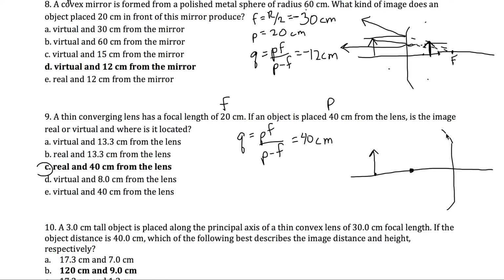Oh, sorry, this is a lens, so I drew a mirror, but I should be drawing a lens here. It's a converging lens, which means I'm not going to have enough room here. I drew it too big. So let's try this again. I was thinking we're still doing a mirror here, so there we go.